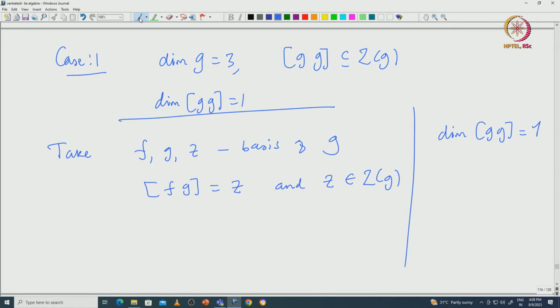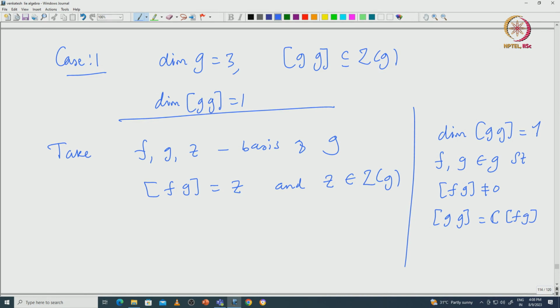You start with some basis of this derived algebra because this is one dimensional. So you can pick some f, g inside G such that the bracket f g is non-zero. So once this is non-zero, then the bracket G G will become span of this f g. Okay.